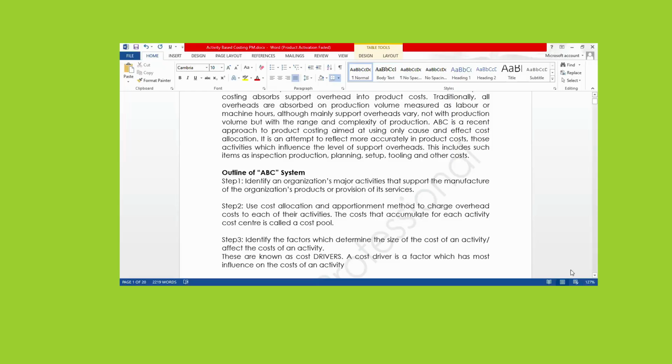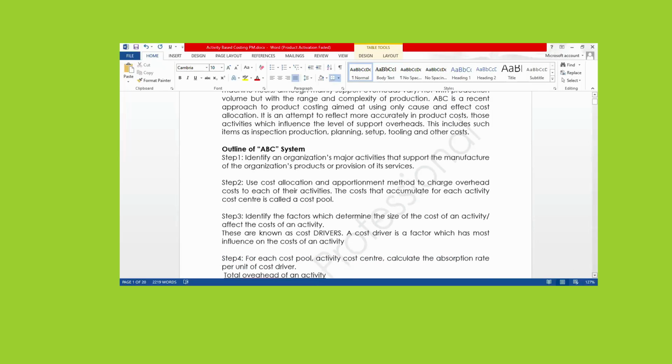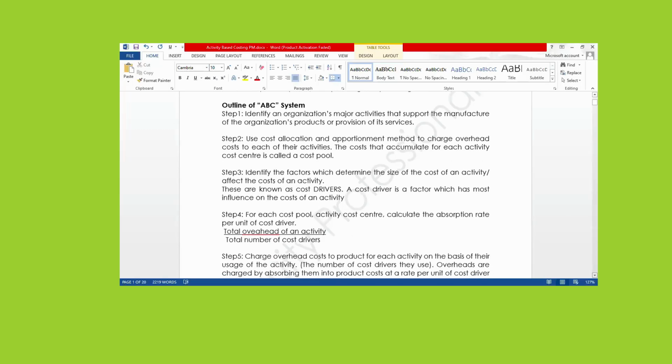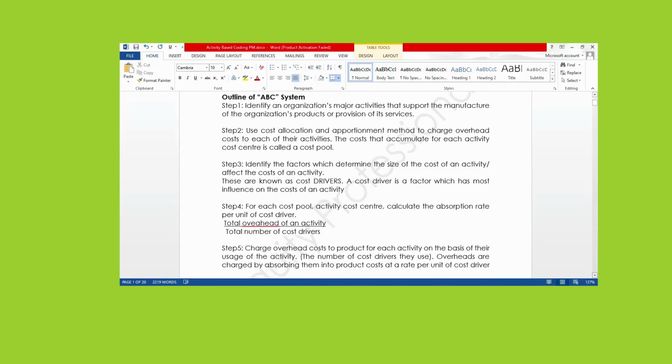Step 3. Identify the factors which determine the size of the cost of an activity.